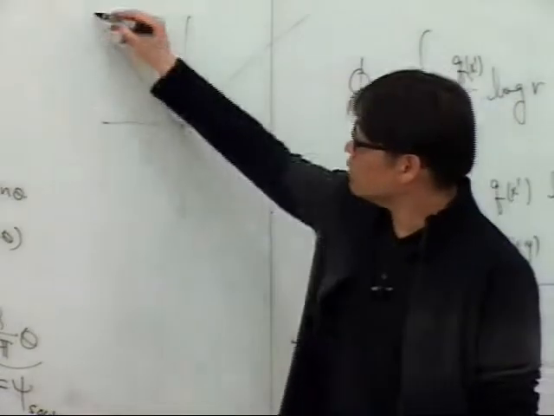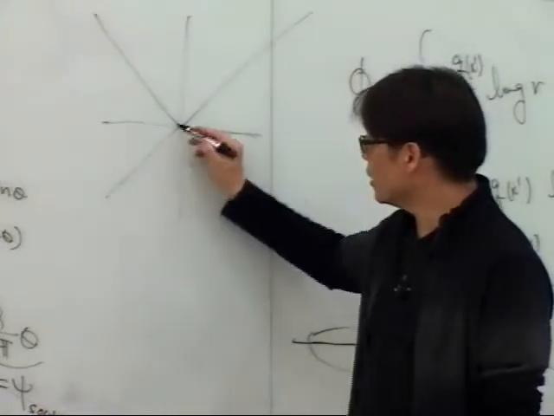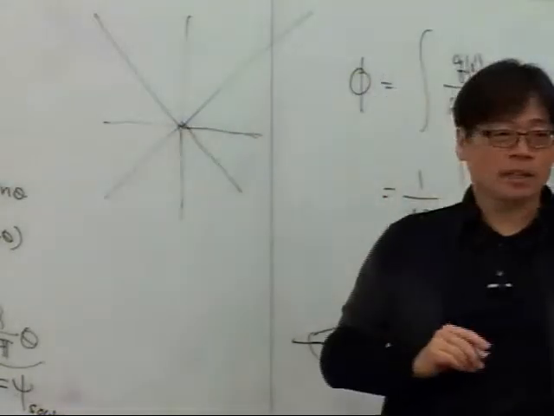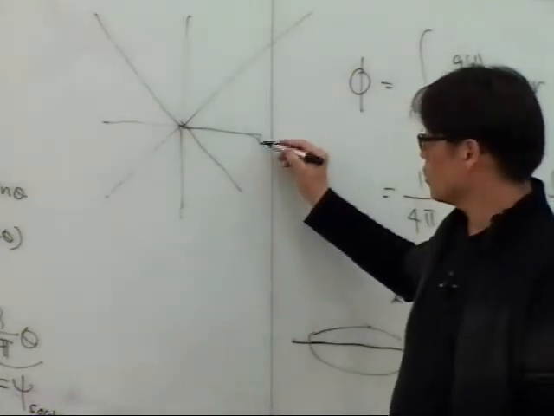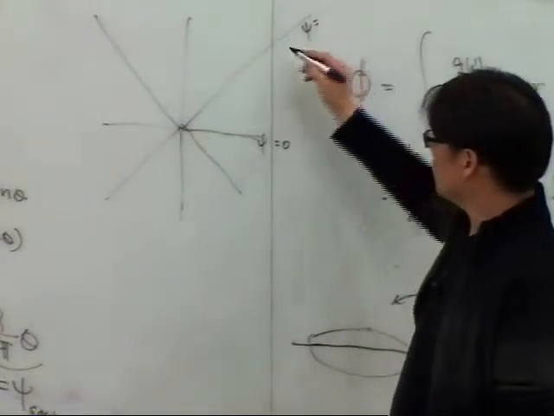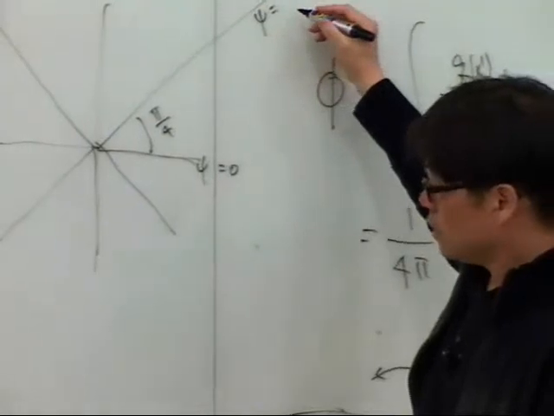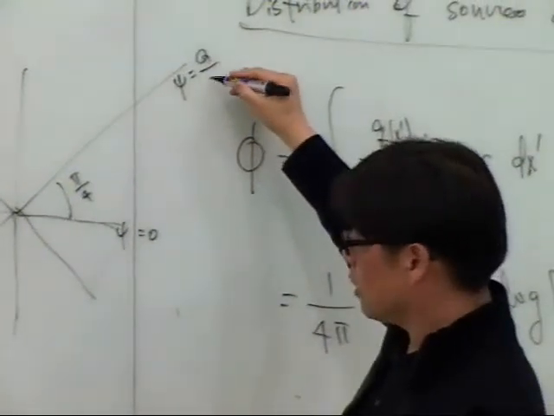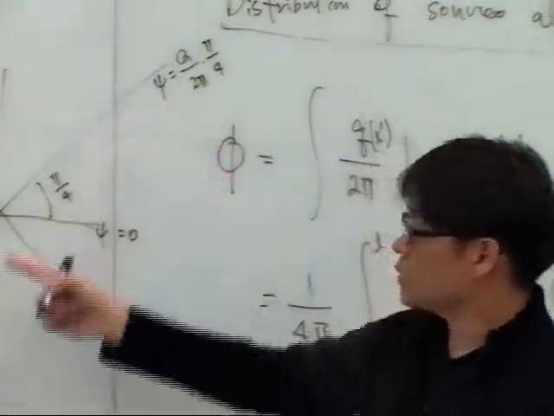Another constant theta, another streamline. For source, this is psi equal to 0. And say this is pi over 4, then psi has to be q divided by 2 pi times pi over 4. That's the streamline.